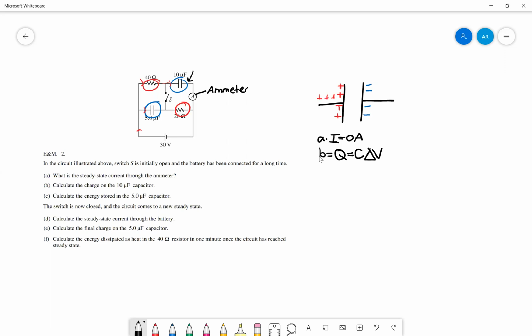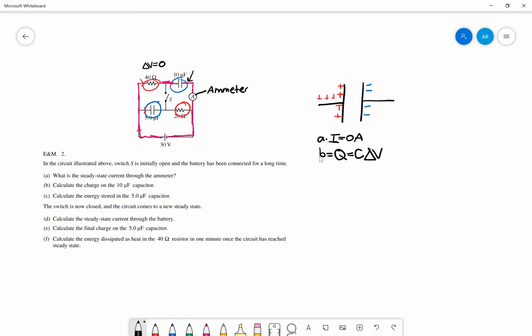When you look at, say, a purple loop like this, because there's no current going through here, because the capacitor is full, the voltage across this resistor is 0.